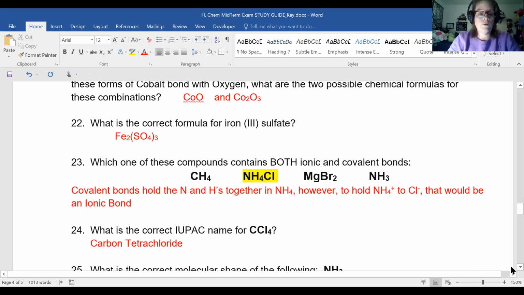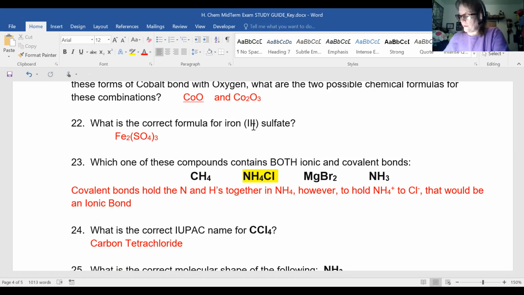Number 22 gives you a name of a formula, iron(III) sulfate. Remember, when the Roman numerals are in parentheses, that's telling you this metal is a transition metal. Just like with cobalt, it has many forms, so this is telling you what form it's coming in. So this would be the iron with a 3+ charge. Sulfate is normally SO4 with a -2 charge.